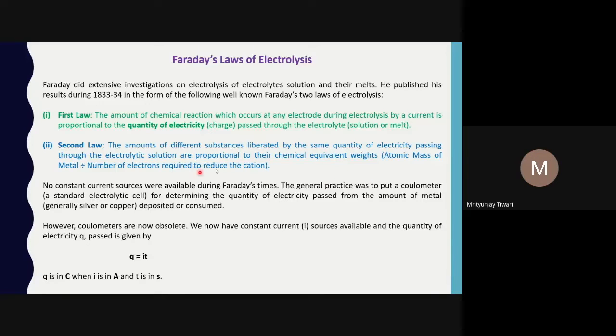A similar idea we see from the second law: the amounts of different substances liberated by the same quantity of electricity, in terms of equivalents, if you remember the law of equivalence, are proportional to the chemical equivalent weights. So if you use a certain number of equivalents of electric charge, the same number of equivalents of different materials will be deposited, liberated, or dissolved.